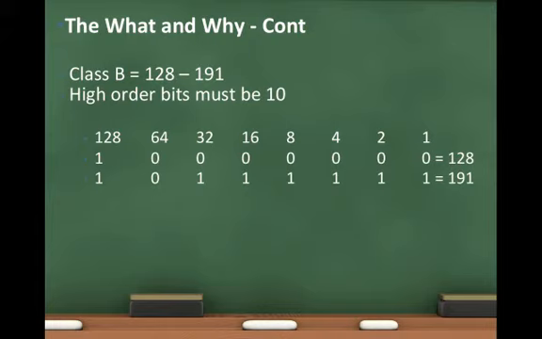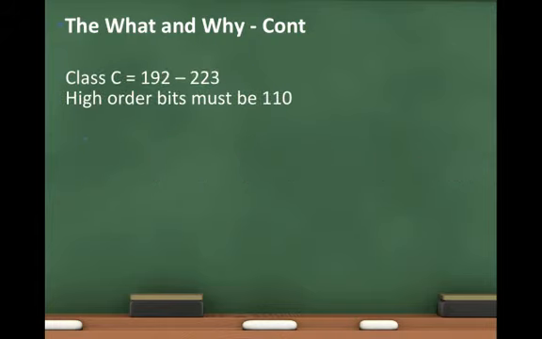Okay, class, and finally we have Class C addresses. Now we remember from the beginning, we had the first octet going from 192 to 223. Well, by definition, the high order bits have to be 110 in order for an address to be a Class C address. Let's see why.